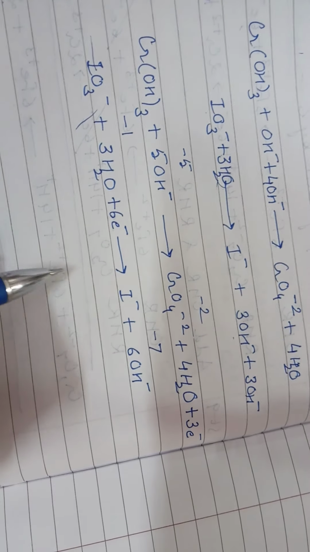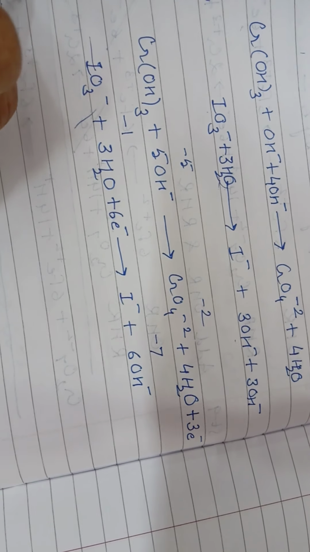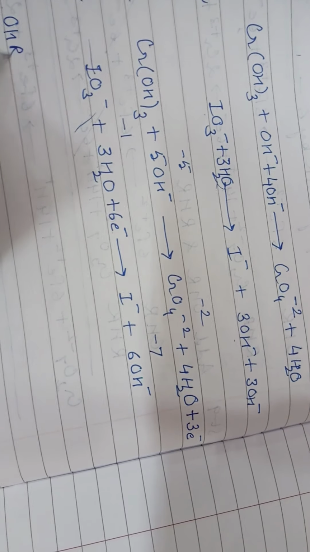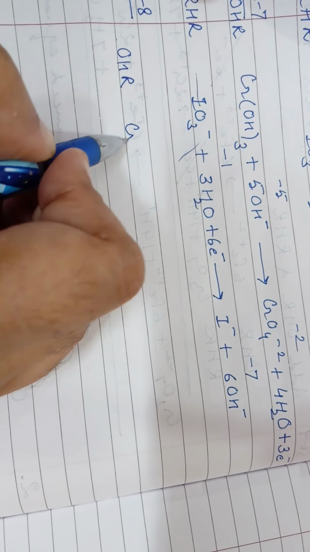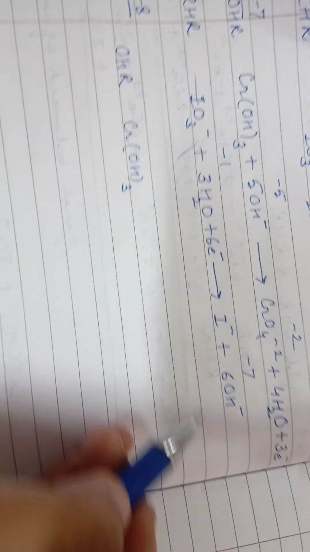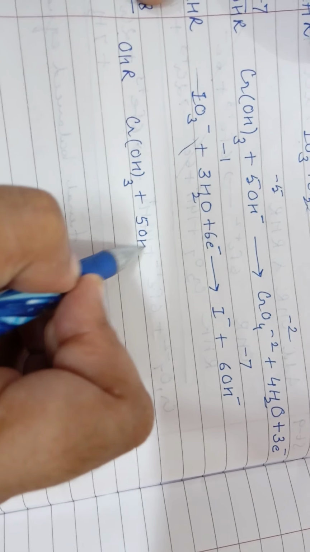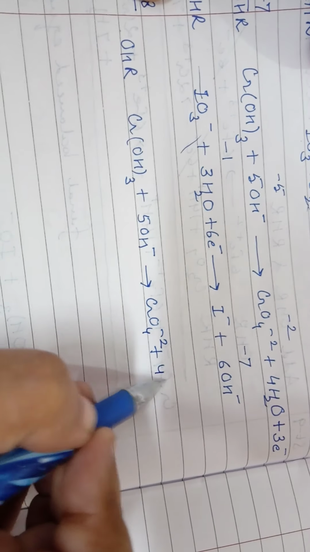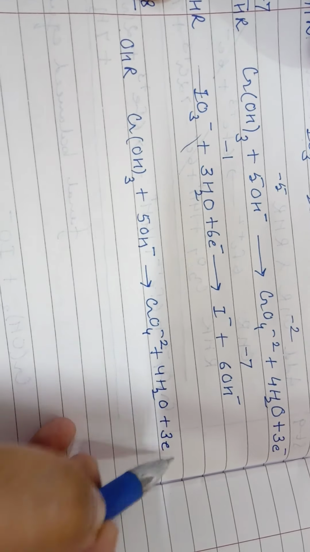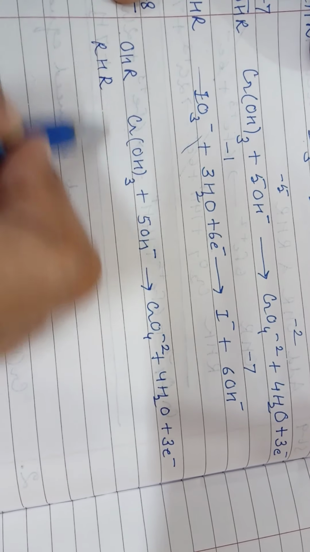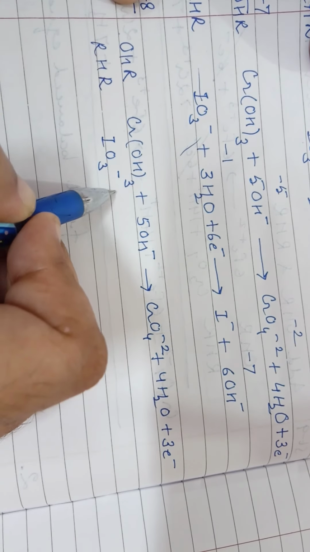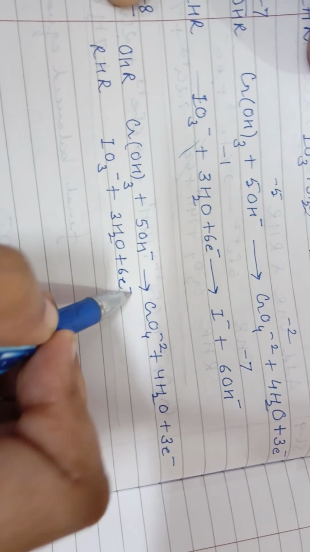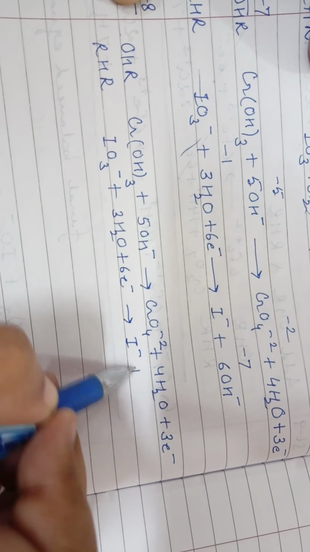This way we will balance both the equations in terms of charges, and in the final step we will add them. So for adding, you will write your OHR as Cr(OH)3 plus 5 OH⁻ produces CrO4⁻² plus 4 water plus 3 electrons, and in RHR you will copy it down: IO3⁻ plus 3 water plus 6 electrons produces I⁻ plus 6 OH⁻.